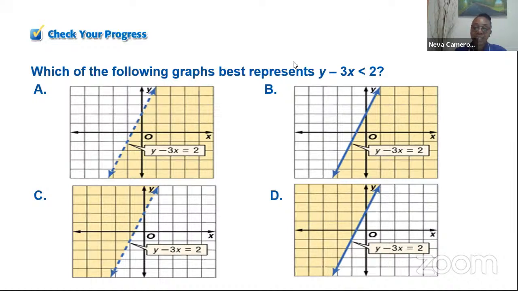When it's only less than or greater than, the line would be broken. However, if it's less than or equal to, where we normally have the stroke below the symbol, then the line would be a solid, unbroken line. All right, he's changing his answer now to A based on the explanation. Awesome. So indeed, I'm seeing many persons finally coming around to it, the answer would be A.